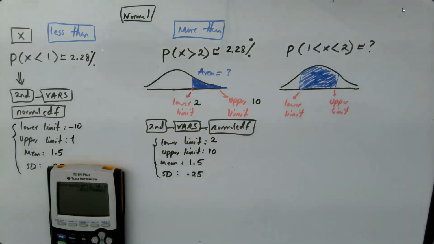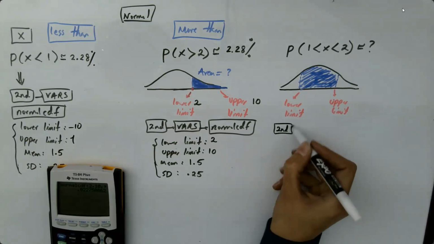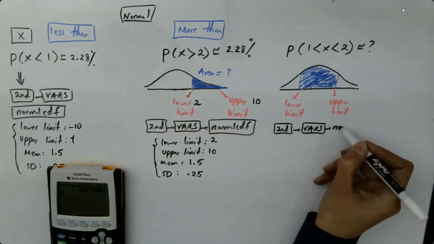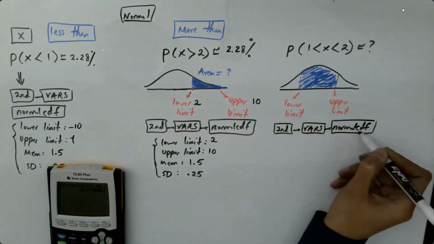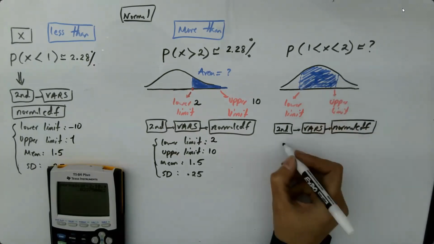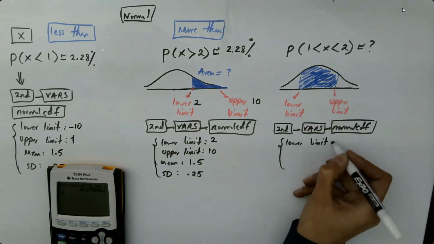Very good. So let's use our calculator. This is what we're doing. We're going to second, VARS, normal CDF because we have a normal distribution, and we want to know the cumulative density function, the area below the graph. So now we want to know the lower limit and the upper limit.